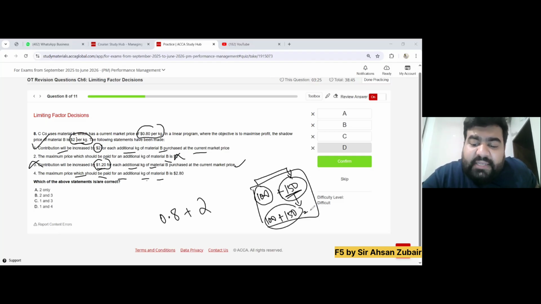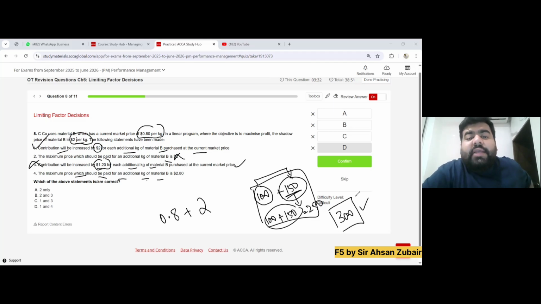I will pay maximum 250 for that. Because the product is short, anyone can charge you more than that. If anyone says take it for 300, you will not accept that, because 100 is the normal cost plus the contribution we are earning on that product. We can obviously sacrifice this if you want to meet the demand of the customer and sell the product to the customer. So you will not pay 300, you will pay maximum 250.